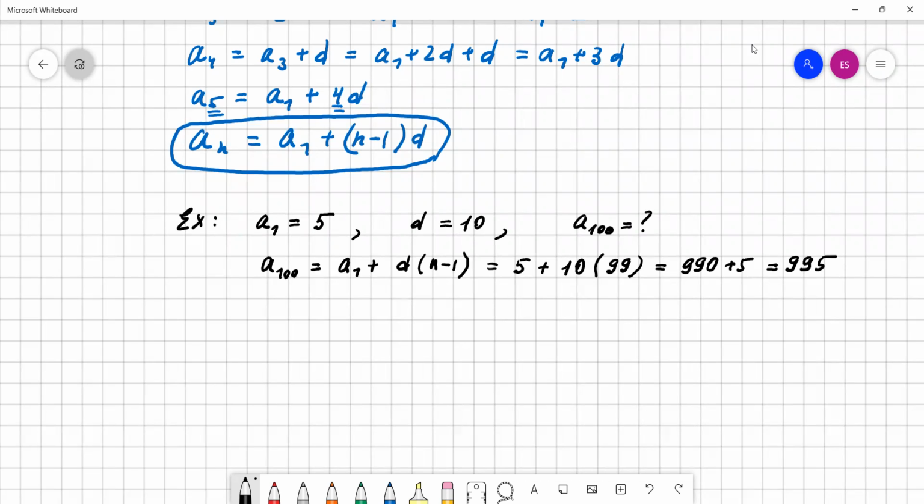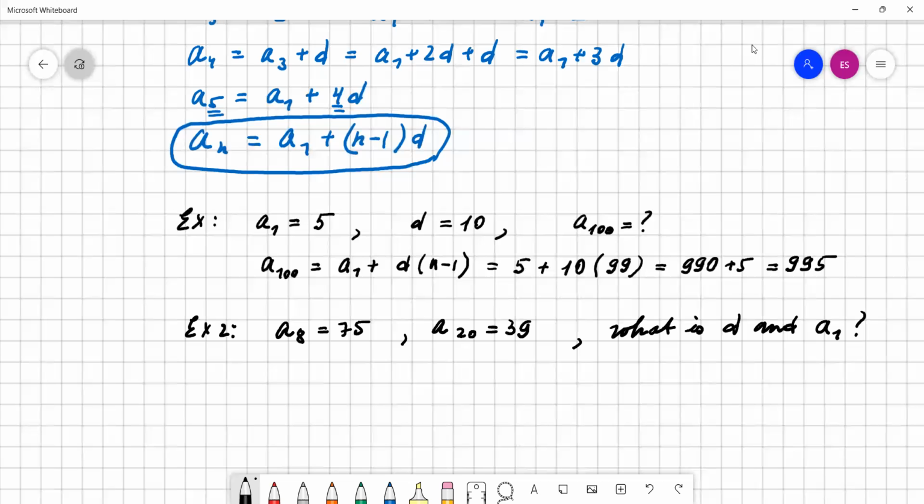Imagine that somebody gives us, that's example number 2, A8 equals 75 and A20 equals 39. And they're asking, what are D and A1, the first term and the difference?